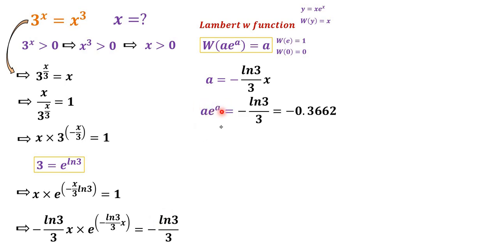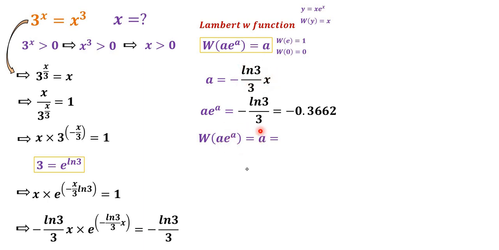So a times e to the power of a is equal to negative ln 3 over 3. So we use a calculator and we get this value, negative 0.3662. So the question is, what is W(a e to the power of a)? That's also the value of a. So we want to get the value of a, and then we can have the value of x.